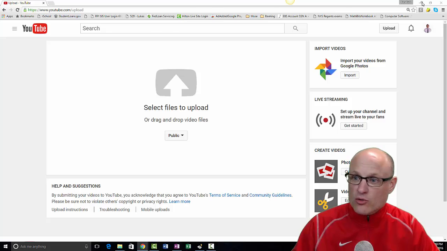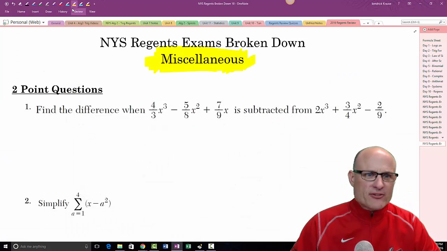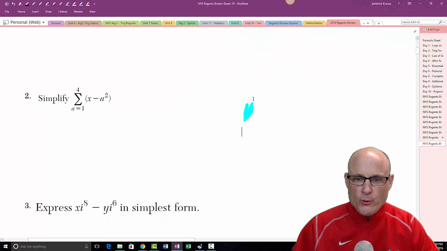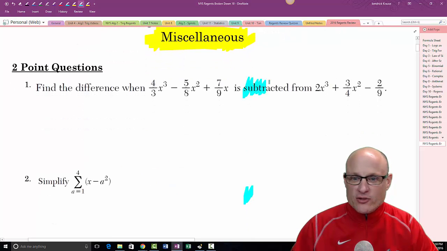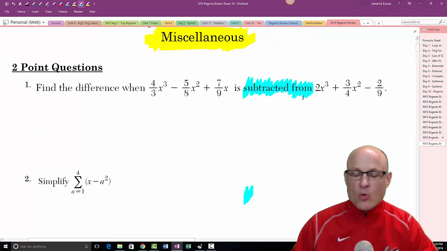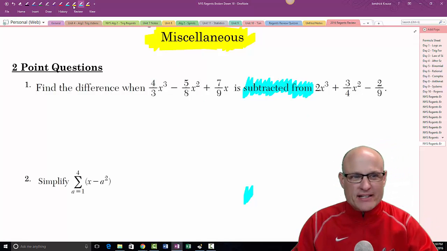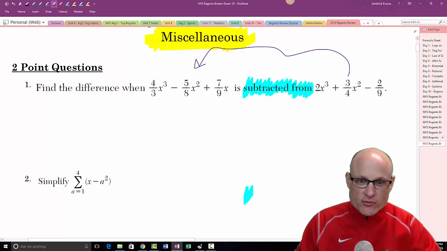All right, let's get ready to roll. We will start with this first problem. One of my flashcards says, when you see the words "is subtracted from," something funky's going on. What are you going to do when you see the words is subtracted from? If you remember correctly, you're going to take this one and subtract this one.